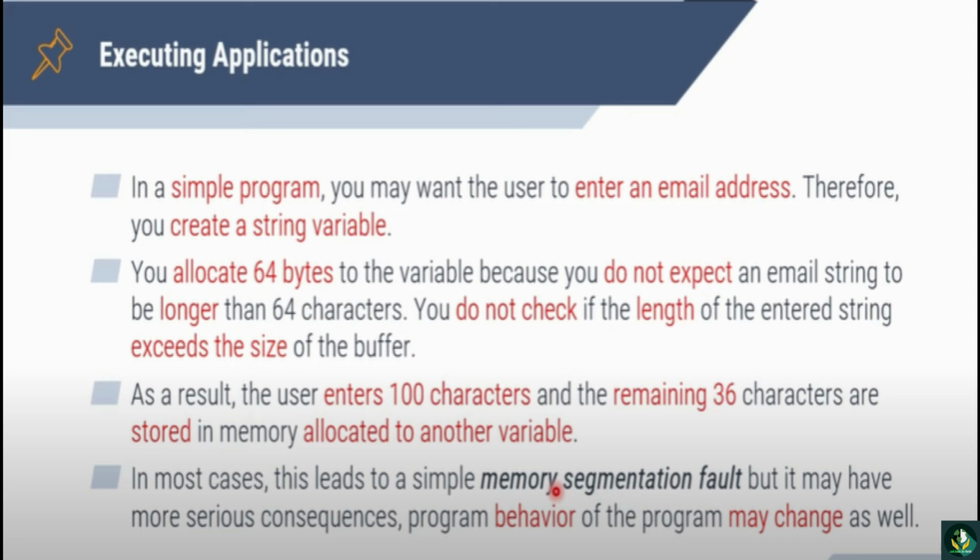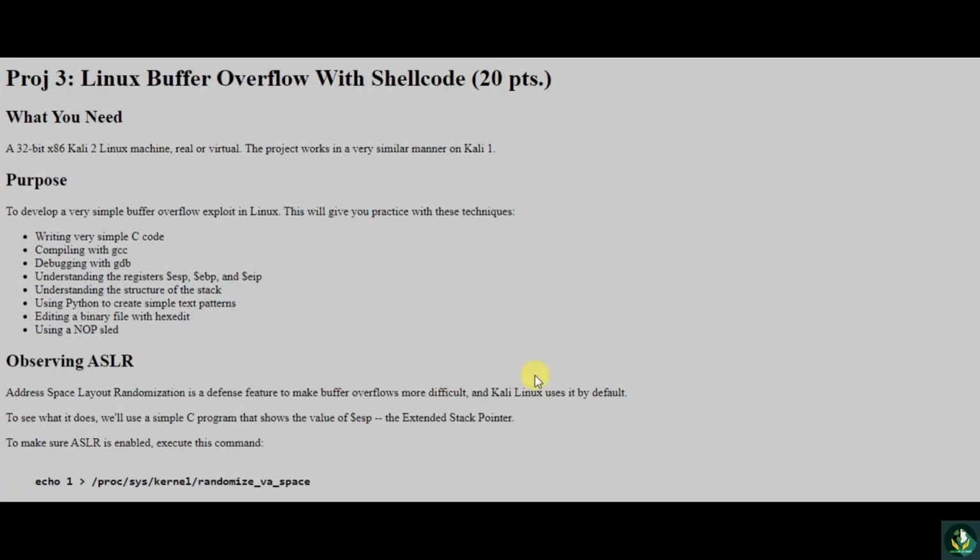As a result, the user enters 100 characters and the remaining 36 characters are stored in memory allocated to another variable. In most cases, this leads to a simple memory segmentation fault, but it may have more serious consequences. The behavior of the program may change as well. Look at that.